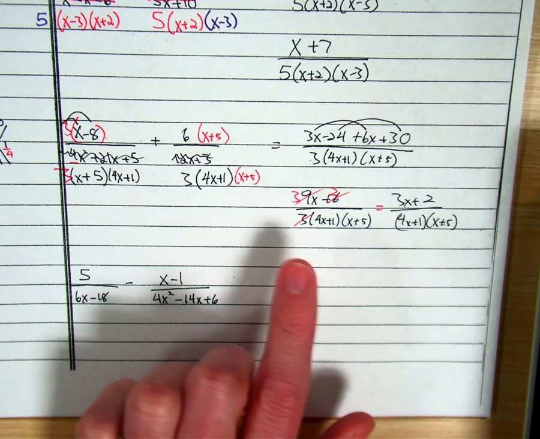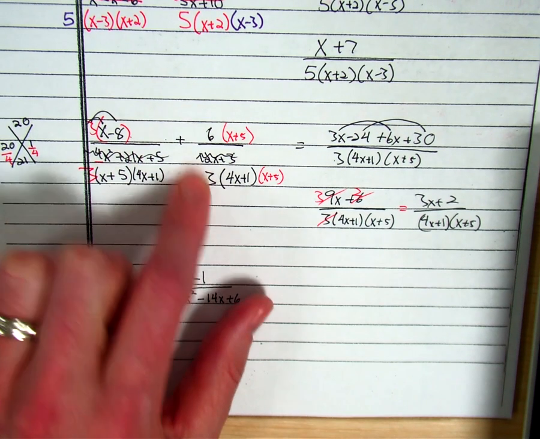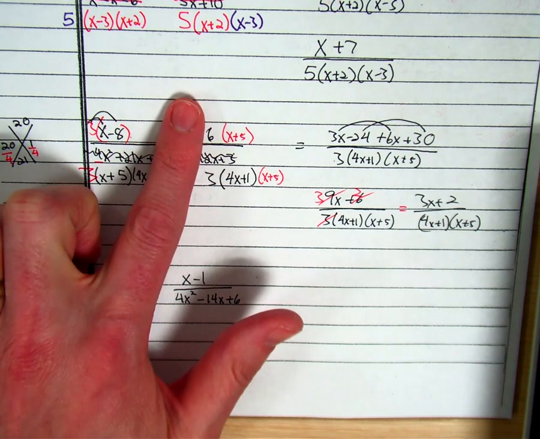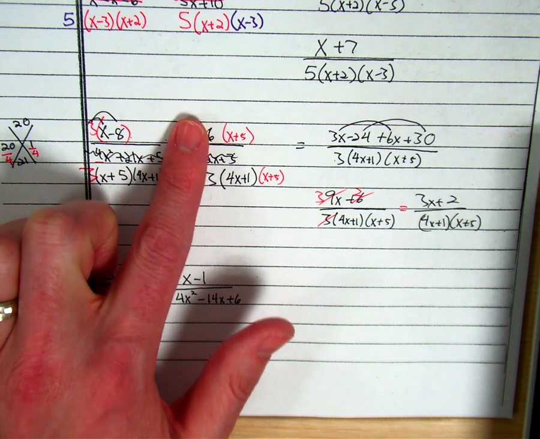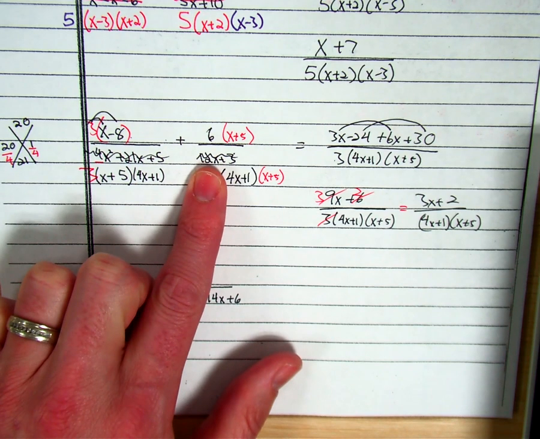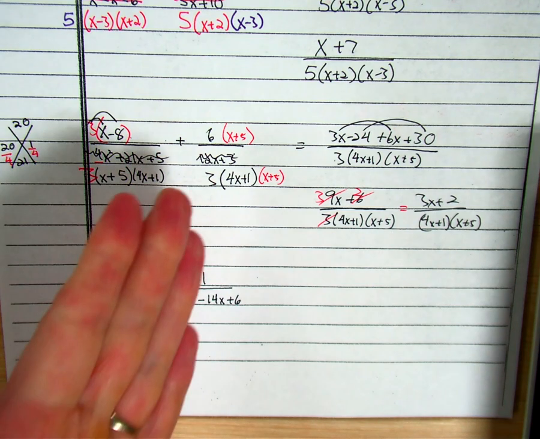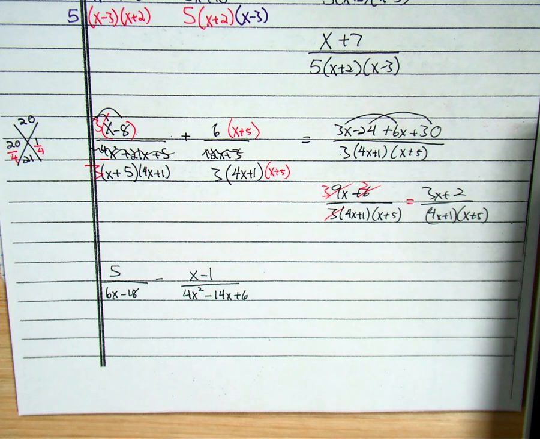Now that was something that we could have handled earlier. Way up here when we took that 3 out, and it was 6 divided by 3, we could have reduced by a 3 right there, and then just had 2 on the top and not had this 3 there. Okay? So because we didn't catch it there, we did catch it here, and that's how our answer simplified to that.